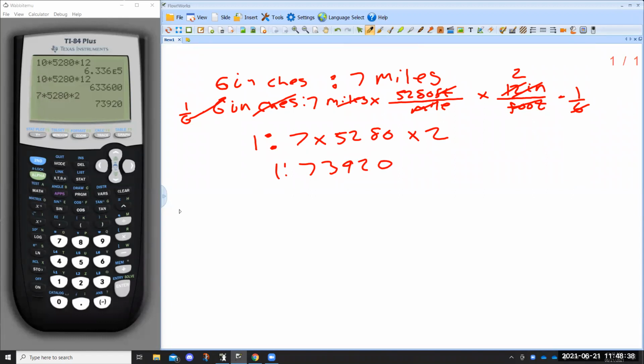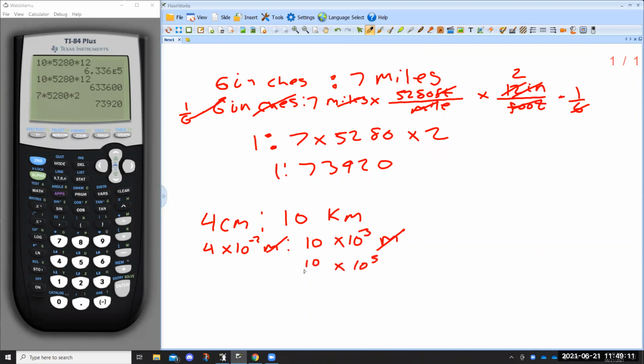So for 47, find the scale ratio for a map if 4 centimeters represents 10 kilometers on the ground. You're going to see that it's much easier if this is in metric, and we can deal with the units just canceling like that. I'm going to automatically take these over here.